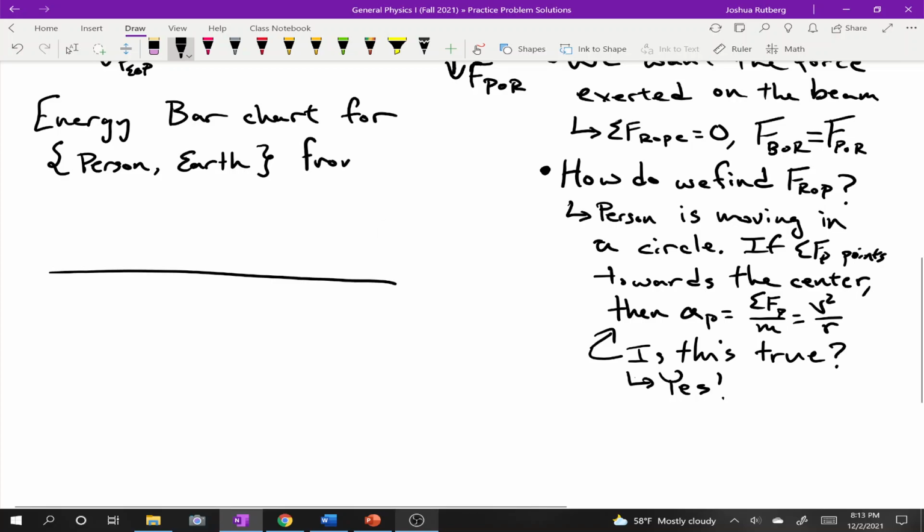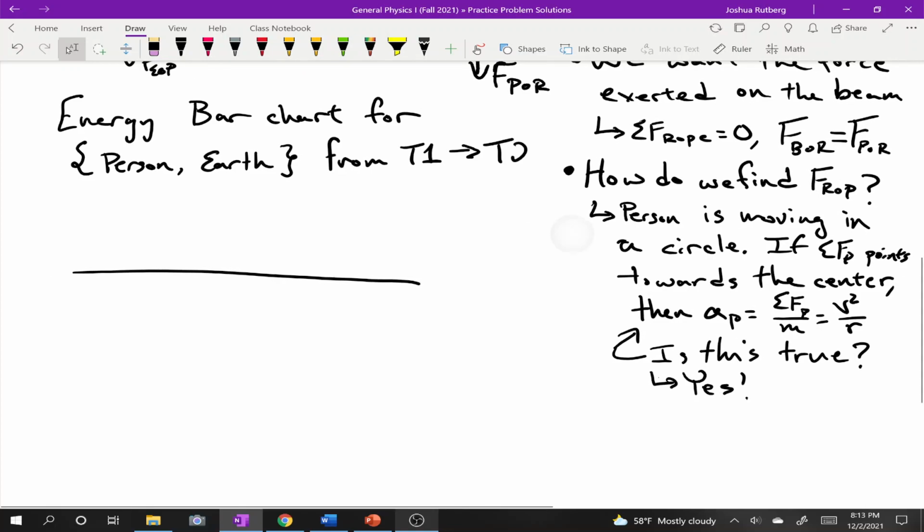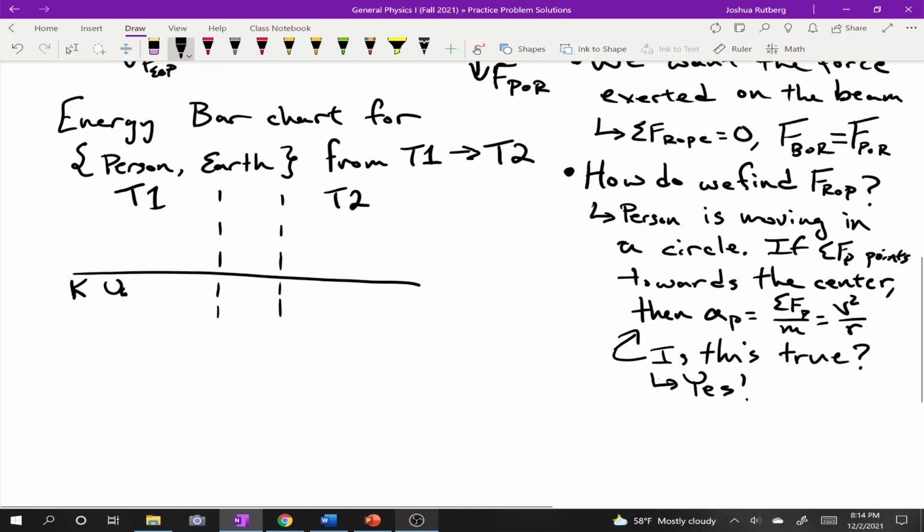So this is going to be from time 1 to time 2. It's going to be time 1. It's going to be time 2. And let me start off with all of my energies, just as good practice.